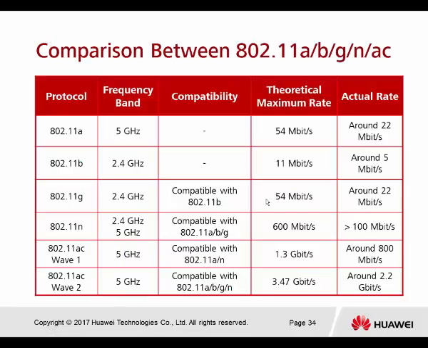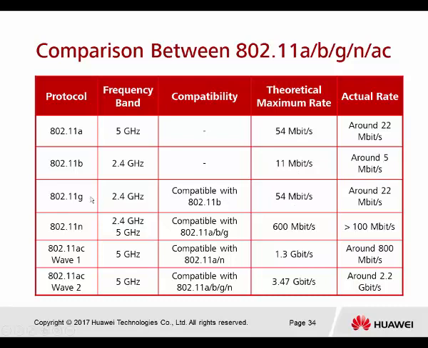Comparison between 802.11a, b, g, n and ac. From here, it will show you the theoretical maximum rate and also the actual rate. 54 megabit per second for the A version, but the actual rate is only 22. For B it is 11 Mbps, and the actual rate is around 5.